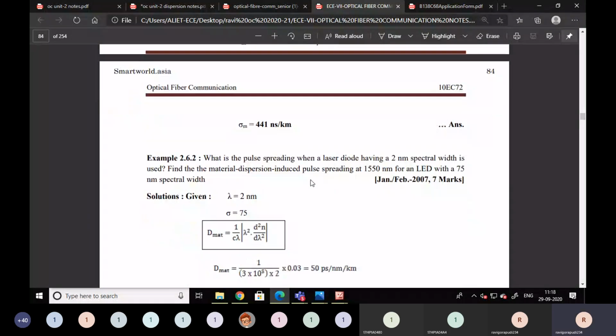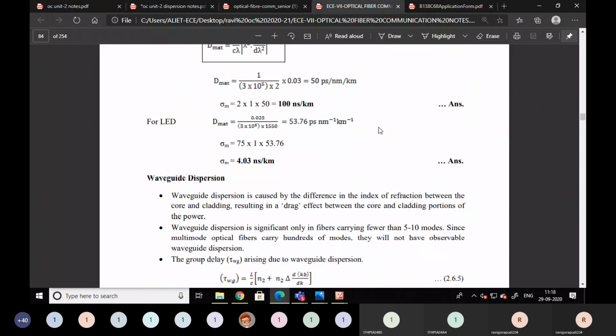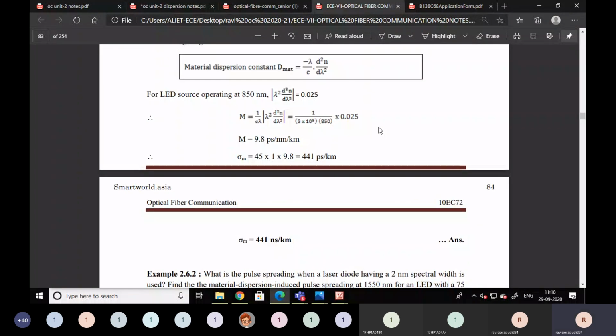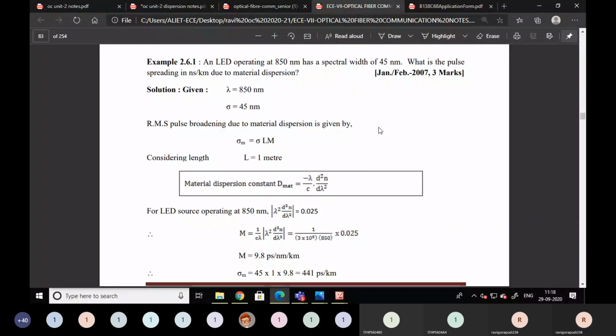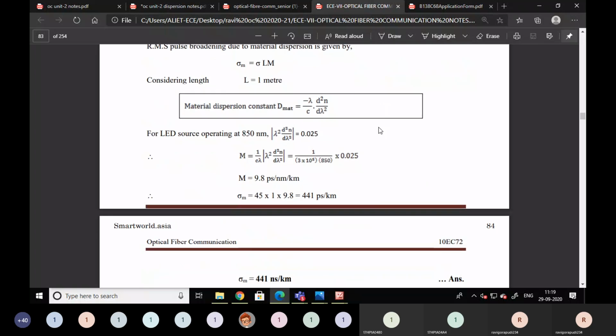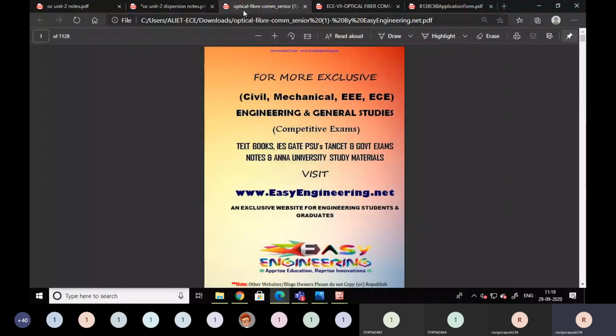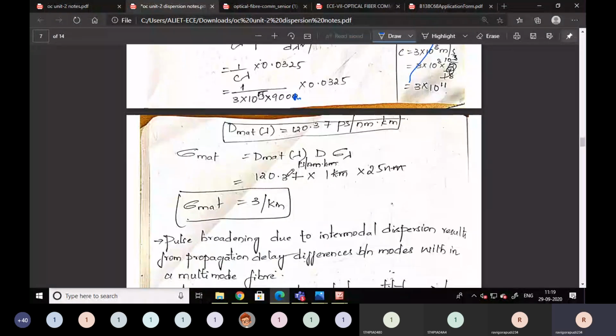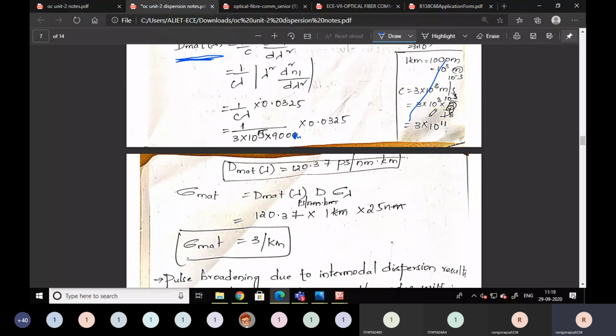Yes, 3 into 10 power 5 can be substituted there, in kilometers per second. 3 into 10 power 8 is meters per second.